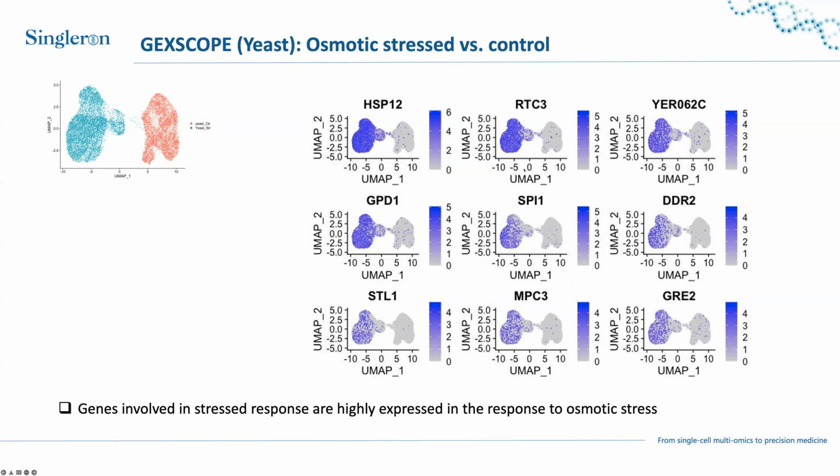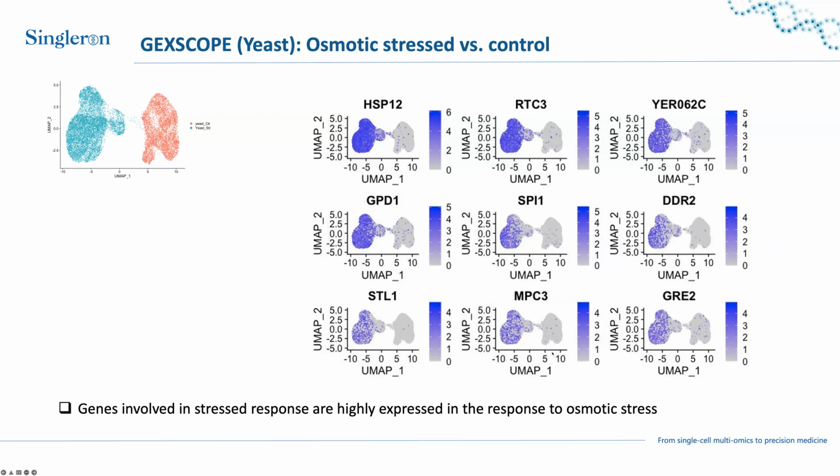For example, HSP12 is a heat shock protein. It is involved in maintaining organization during a stress condition, and is typically induced by heat shock, oxidative stress, and osmotic stress.